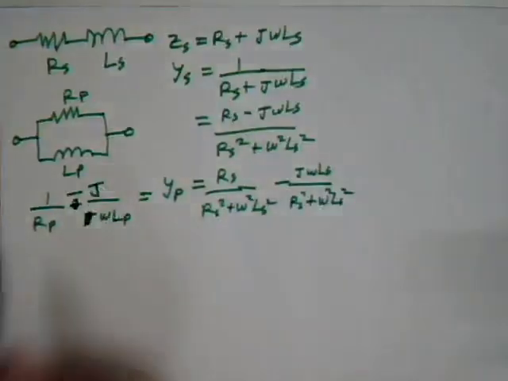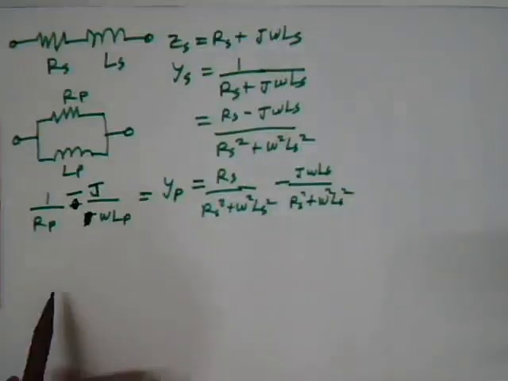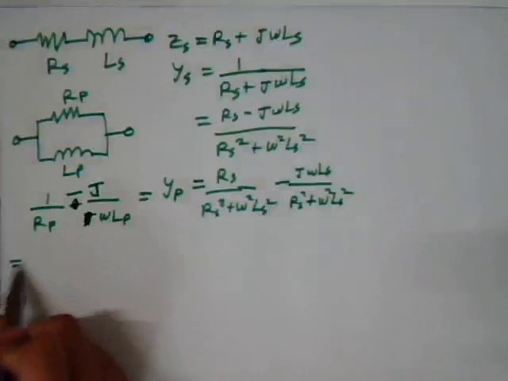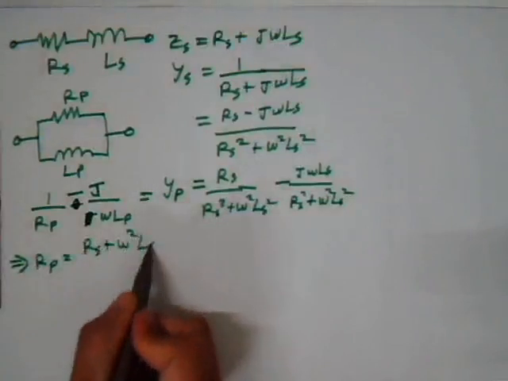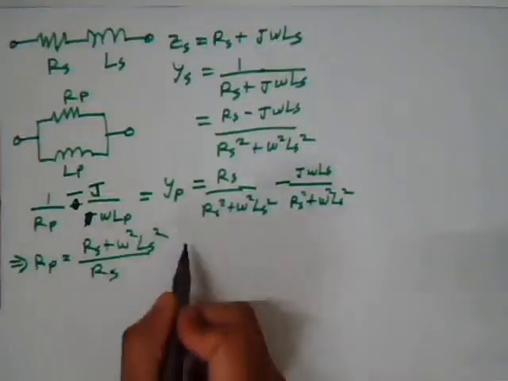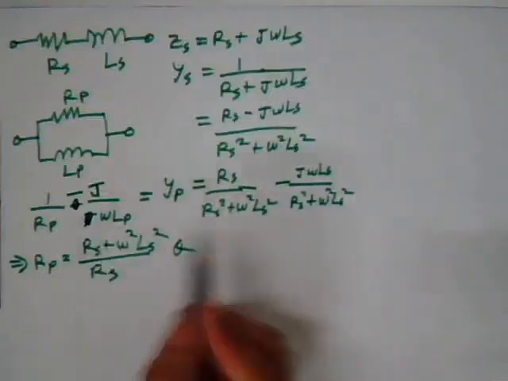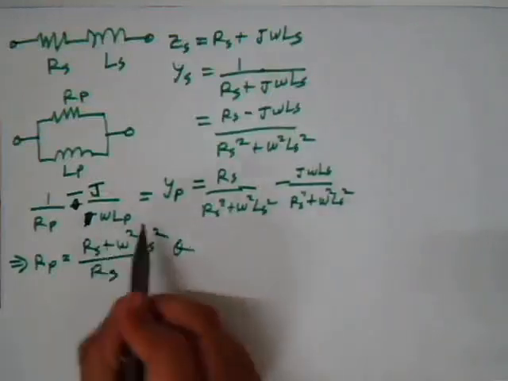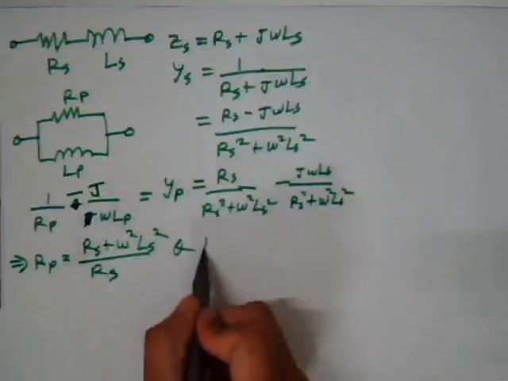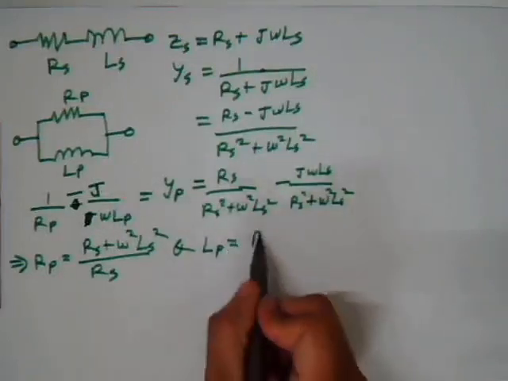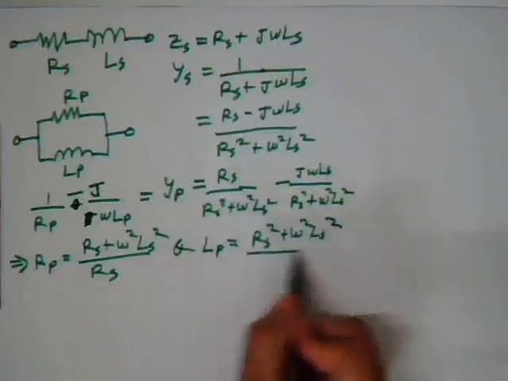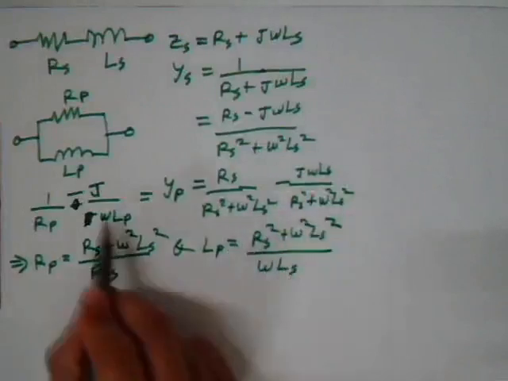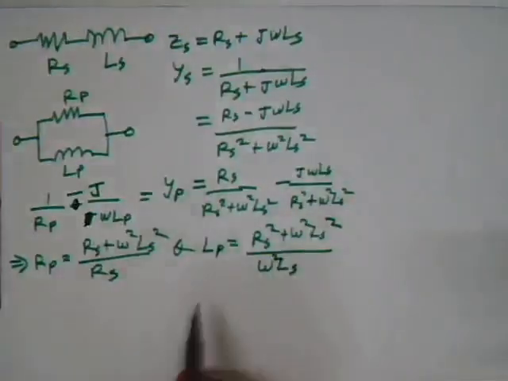Now if I equate real to real and imaginary to imaginary parts in this equation, I get Rp equal to Rs plus omega square Ls square by Rs, and omega Lp equal to this, so that means Lp will be equal to Rs square plus omega square Ls square divided by omega square Ls. So I will end up with this equation.